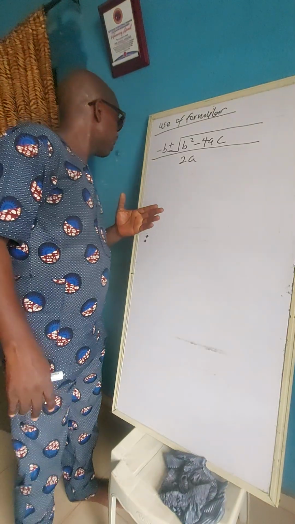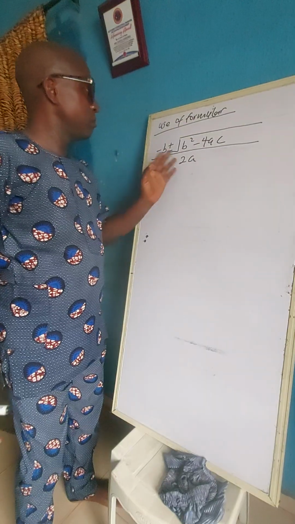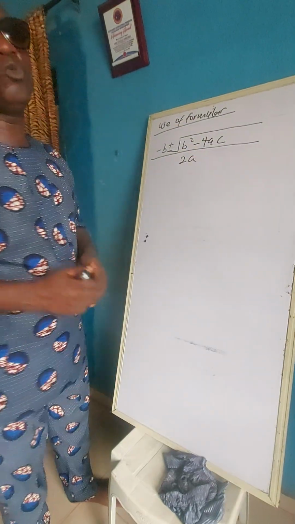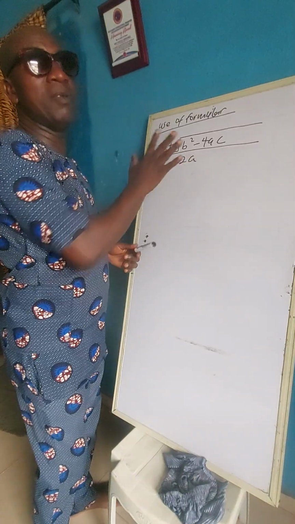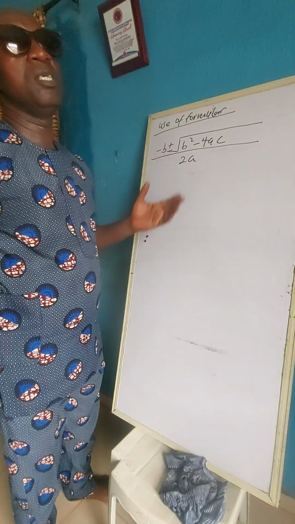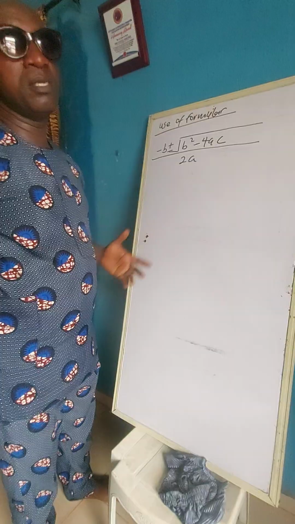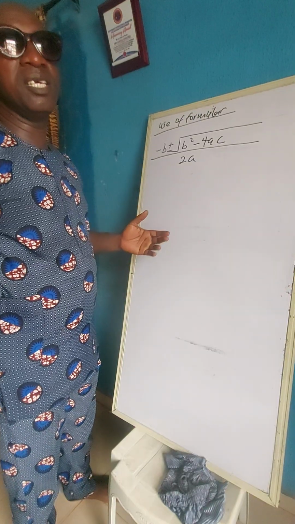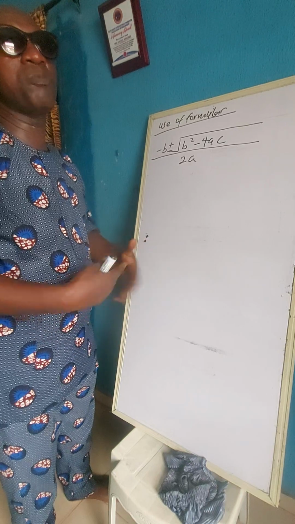Minus b plus or minus square root b squared minus 4ac all over 2a. This is the use of formula method. The formula is in your four-figure table, in your mathematical and statistical table. If you cannot put it directly, insert it in your head by a gradual process. Practice brings perfection.